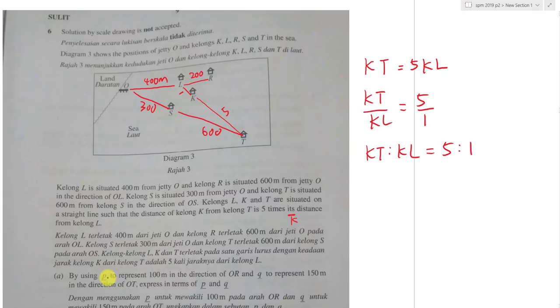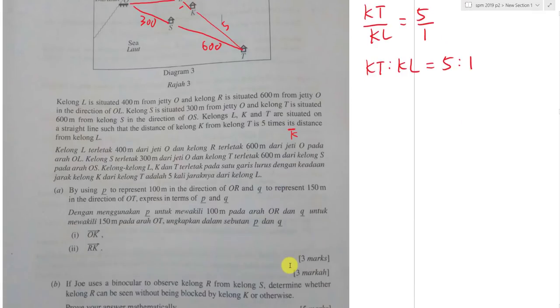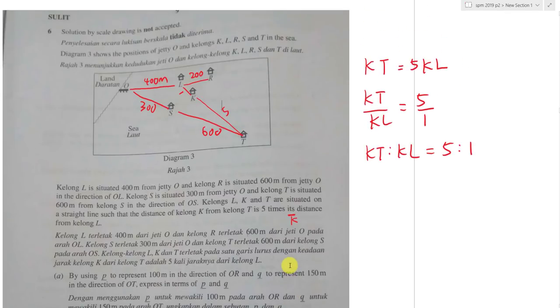And Q represents 150 meters in the direction of OT. So Q will be in the OT direction, for 150 meters. What they want here is OK and RK.